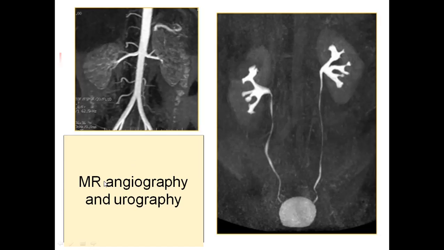In the case of magnetic resonance angiography, blood in the aorta and renal arteries, and in MRI urography, urine in the collecting system of the urinary tract act as natural contrast agents. So you may evaluate the vascular structure of kidneys and the status of the collecting system without the additional use of any contrast media.